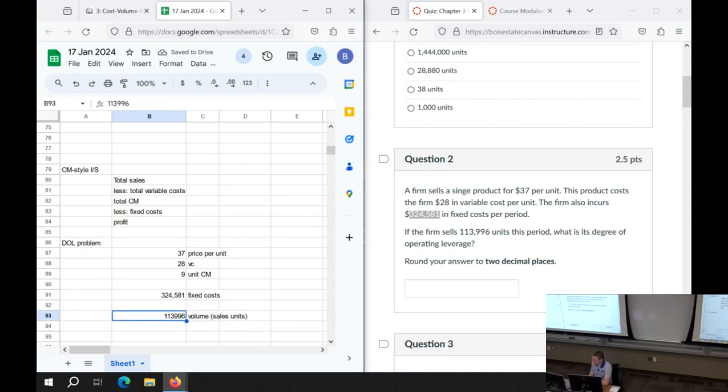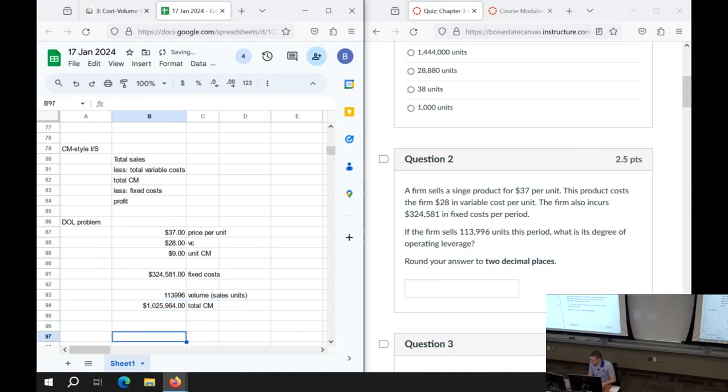So for our degree of operating leverage, we have this amount of unit contribution margin, and this is the volume, so we can get our total contribution margin from that, right? We can say this number of sales times $9 per unit as our contribution gives us $1.025 million as our total contribution margin.